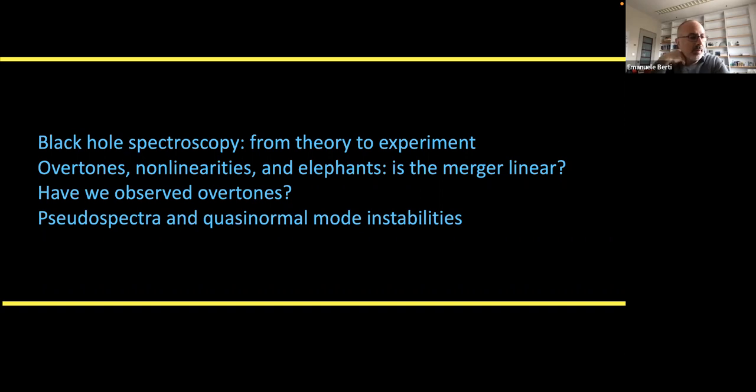Then I will turn to another very hot topic, which is whether we have already observed overtones in existing gravitational wave signals. There's been a controversy, and I will describe where the controversy comes from and what I think about it. And in the last part, if I have some time, I will describe another hot topic that has emerged recently, which is the issue of stability of the black hole quasi-normal mode spectrum itself.